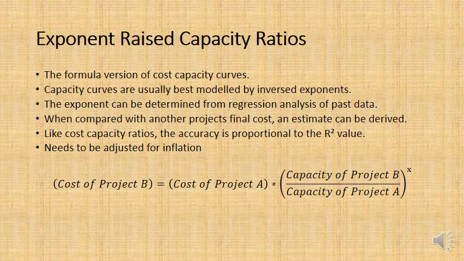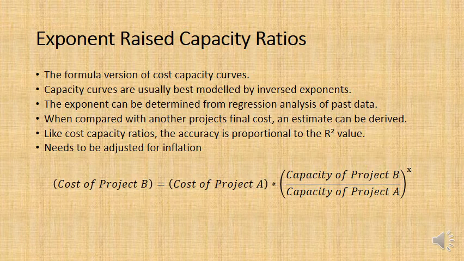These projects are of the same type. They're high-rise buildings or they're roads. And then you multiply it by the exponent value which has been derived by regression analysis, and that will always be lower than 1.